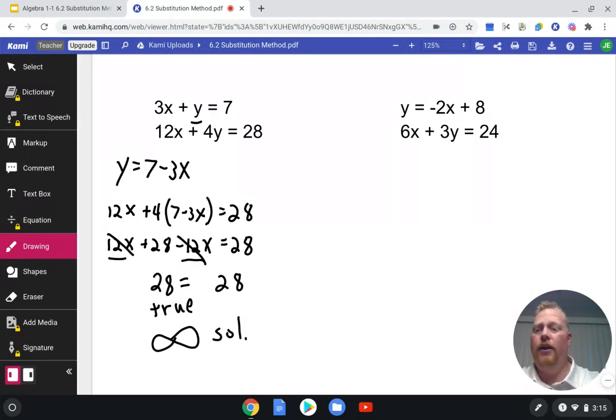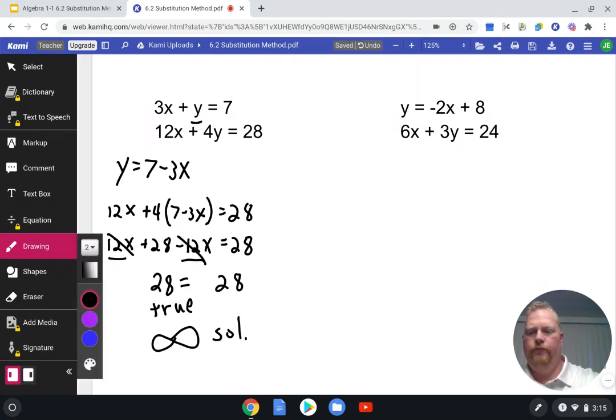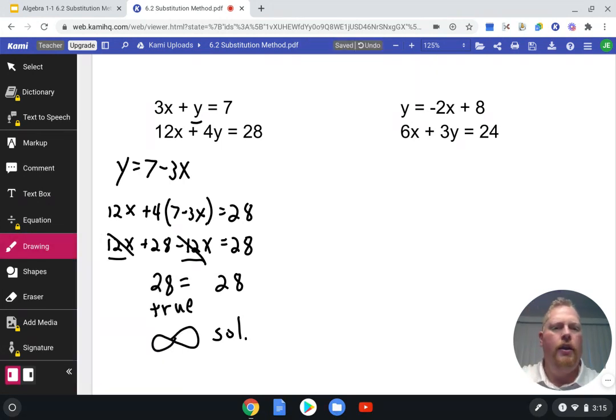Okay, let's take a look at this other example. So first step is already done for us. Let's take that negative 2x plus 8 and let's plug it in for y. Let's distribute.